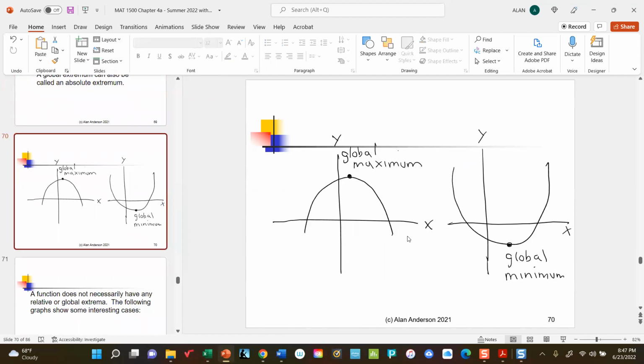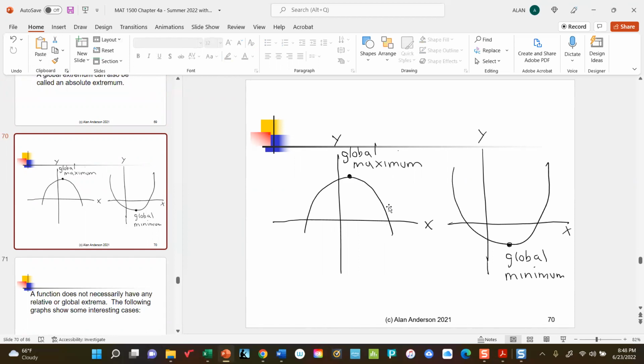Look at these two parabolas. In the one on the left, you can see clearly that there is no other point on this function that has a higher value of y. On the right-hand side, it's the opposite. There's no other value that falls below this point. So these are known as a global maximum and a global minimum. It doesn't matter. This applies to the entire function.